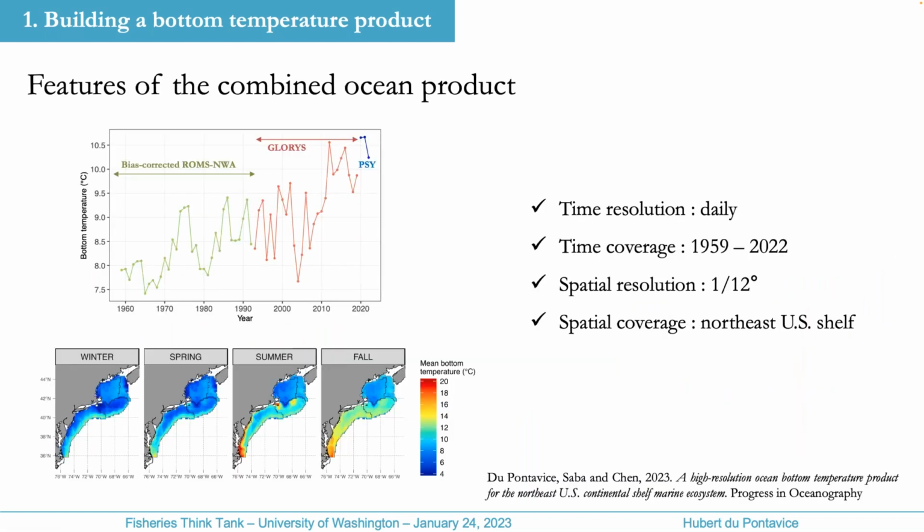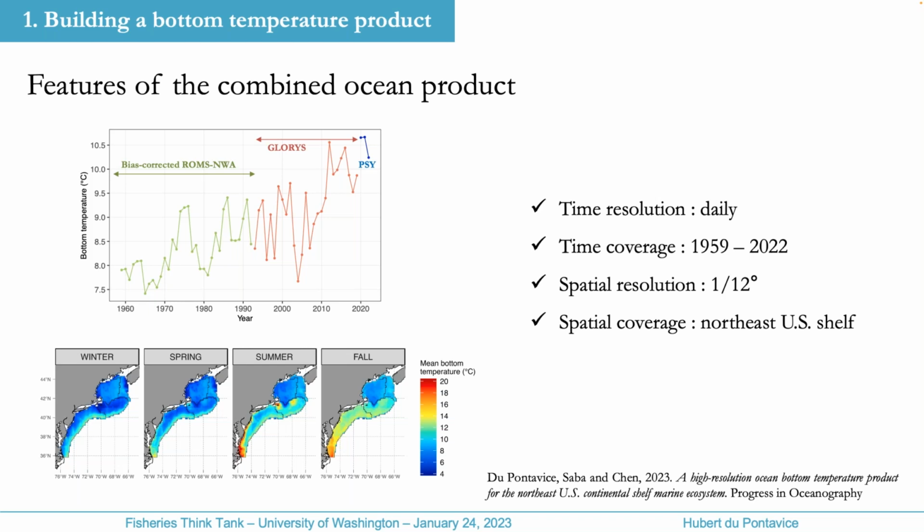So the final product, which is a combination of bias-corrected ROMS, GLORYS, and PSY, has a daily resolution between 1959 and 2022. It has a high spatial resolution, and it covers the northeast US shelf.